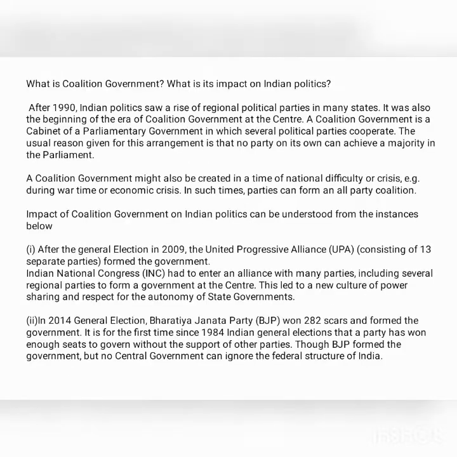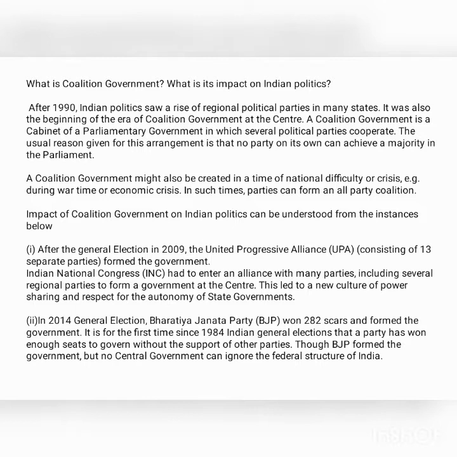Next: what is coalition government and what is its impact on Indian politics? First, what is a coalition government? If there is no majority party to form the government at the central level, obviously many like-minded parties will join together to form a coalition government.